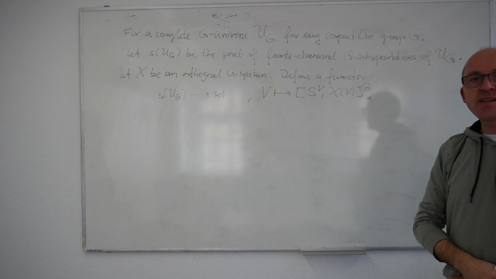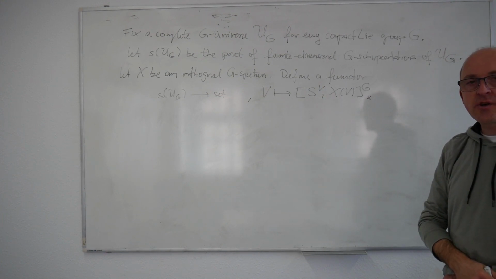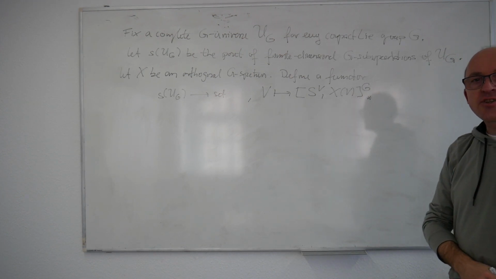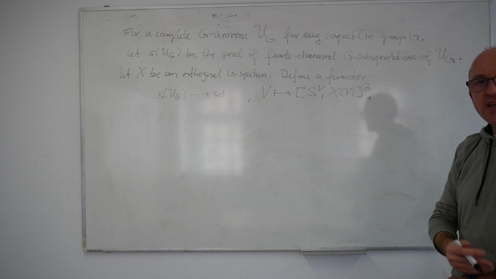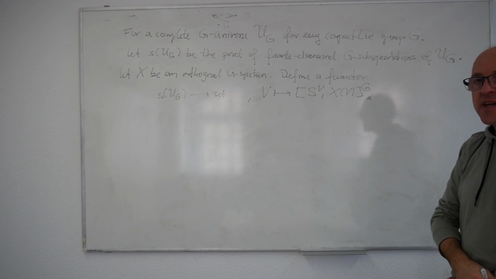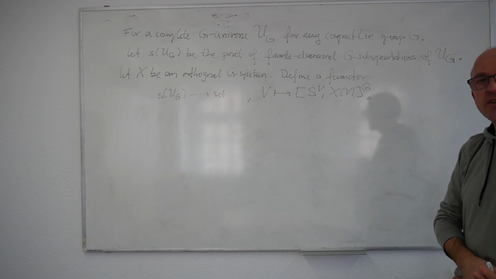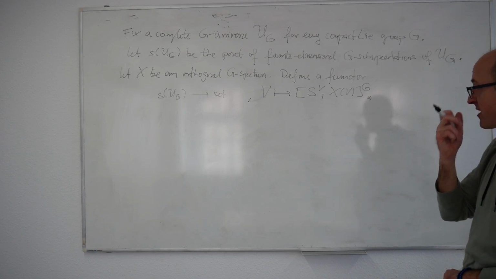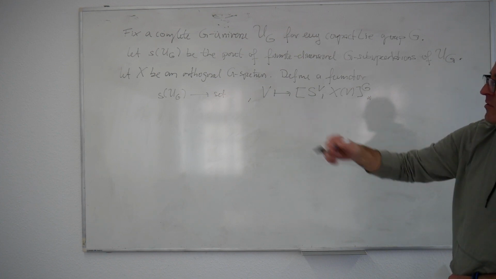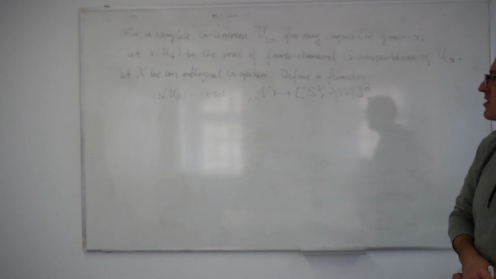The square brackets indicate that I'm looking at homotopy classes. The G indicates G equivariant maps, and the homotopies have to be through equivariant maps. And this little star is not a grading, it indicates the base point, so all the maps have to be base point preserving, and the homotopies have to be constant on the base point. So this gives me a set for every inner product space V contained in this complete universe.